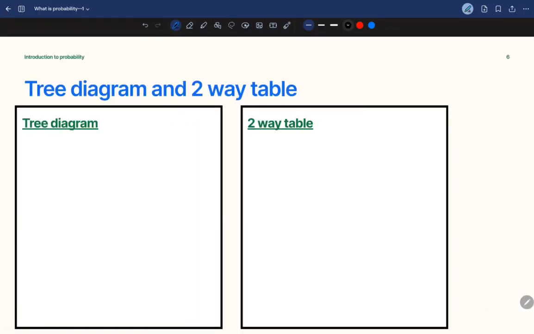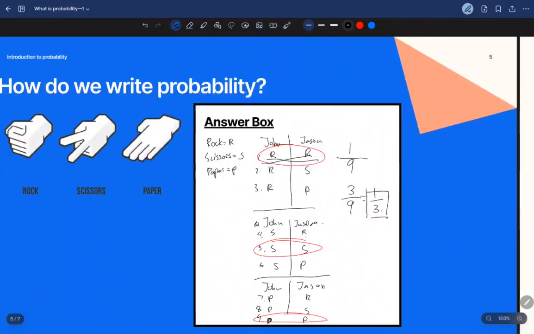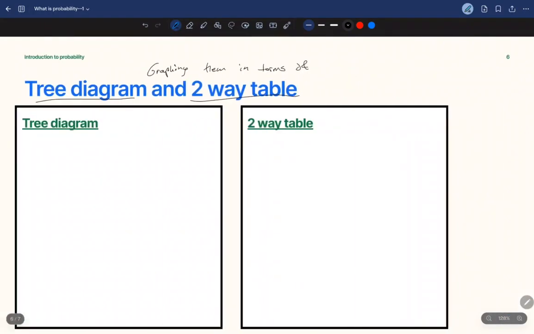Now we should know how to graph them, in terms of a tree diagram and a two-way table. The tree diagram looks like this. I'll use the rock, paper, scissors that we have used. John has 3 options: rock, paper, scissor.